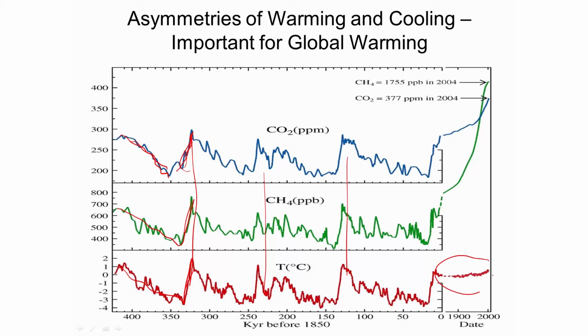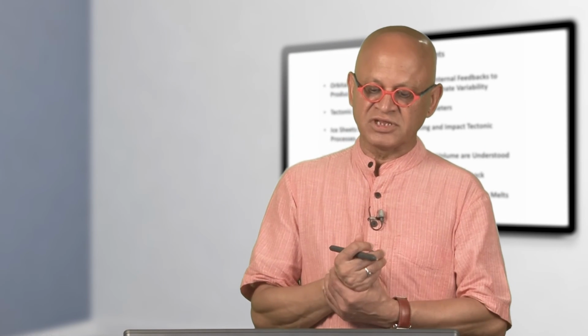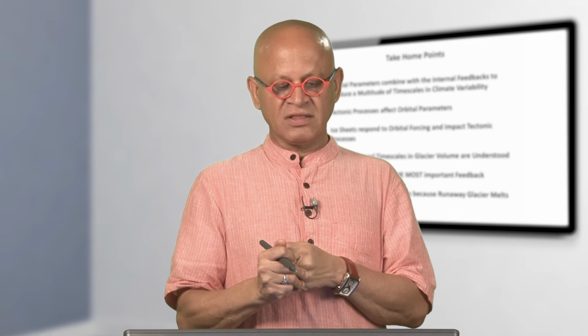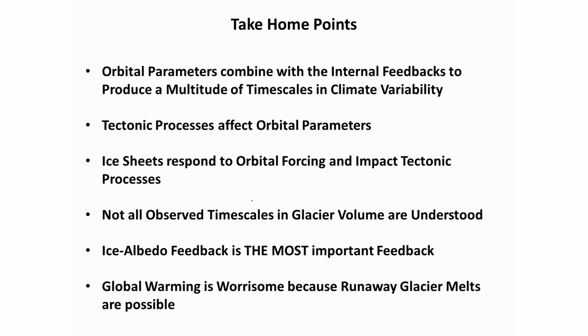And in the global warming context, as I said, we are increasing CO2 and methane first, and the temperature is responding, whereas here orbital forcing was giving you temperature change first, glacier was responding, and then CO2 and methane were responding. So, these asymmetries must be understood. So, the take home points from the orbital time scale climate change basically are that orbital parameters are three, they are very clearly defined.